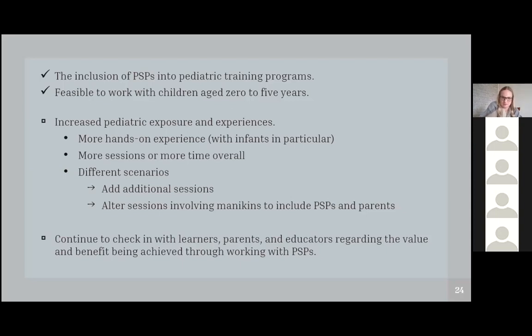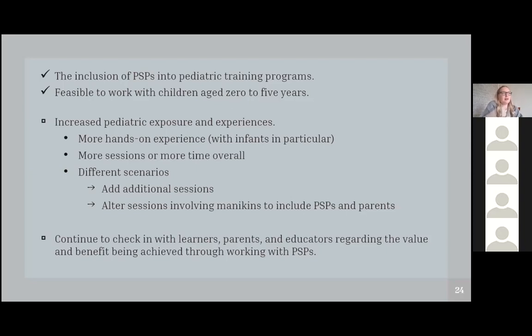So actually doing physical exams on children and taking things like vitals on a real individual, so a pediatric simulated patient versus a mannequin. And one of the learners did identify wanting more interaction with infants. They wanted more sessions and more time overall. They felt the session itself was quite short, and that once they became comfortable, it seemed to be over.